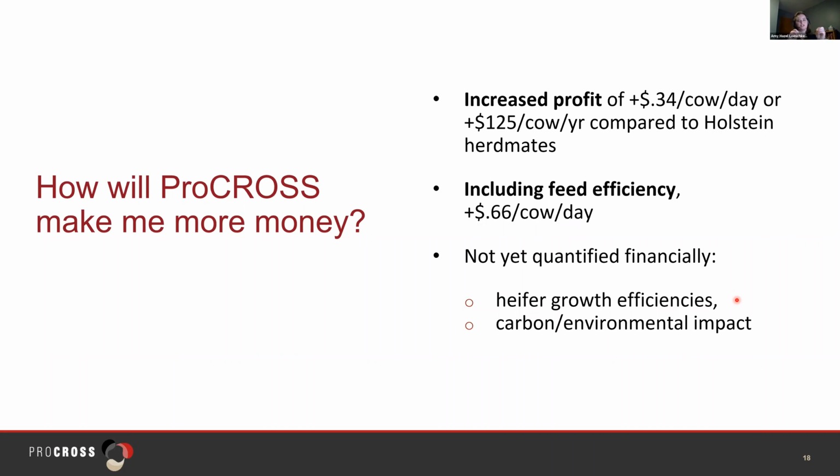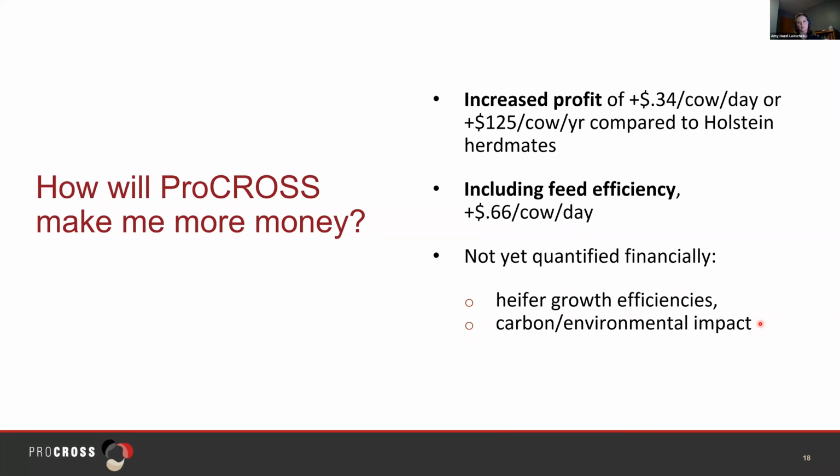Well, we see huge hybrid vigor and huge gains in lowering the number of days to finishing on a beef carcass. The biology is the same in dairy cattle for heifers. When heifers grow, you get efficiencies due to hybrid vigor, and especially including the breeds we have for ProCROSS.